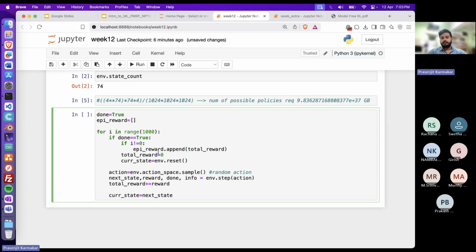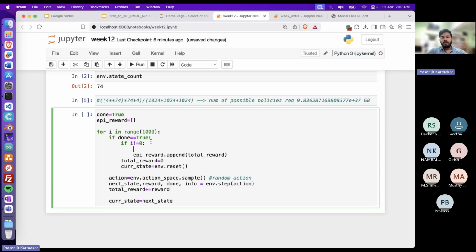Also print the episode reward, which is the total reward.